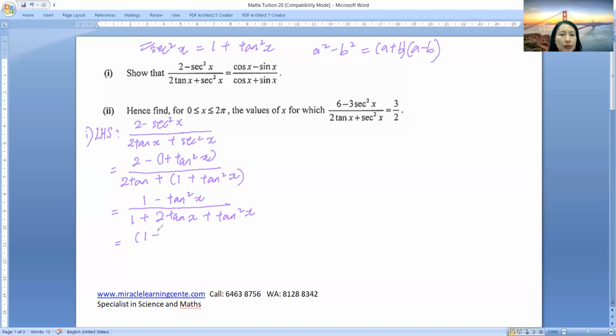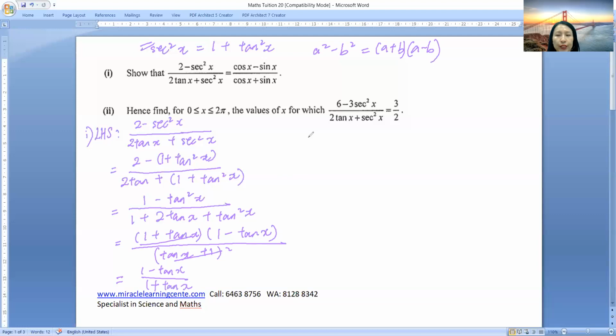We have (1 plus tangent x)(1 minus tangent x), divided by, you factorize this one, (tangent x plus 1) squared. You notice the top and the bottom have one common factor, so you cancel this factor. So we actually have 1 minus tangent x over 1 plus tangent x.